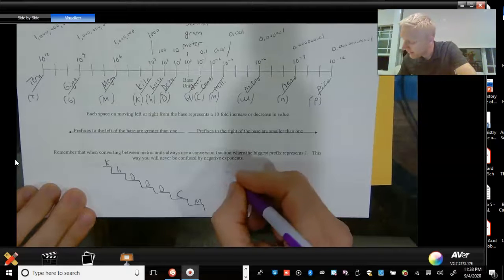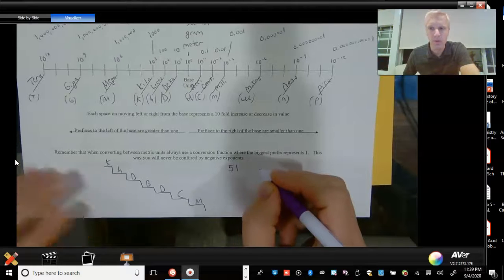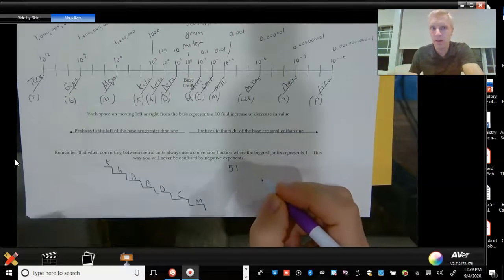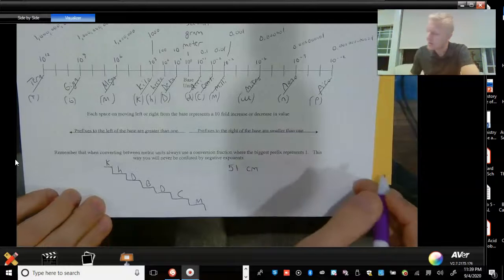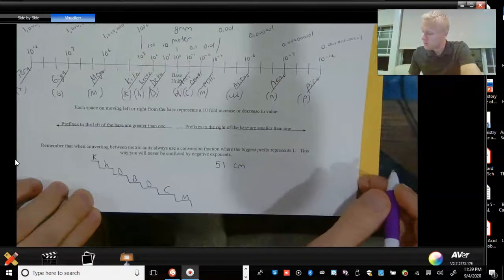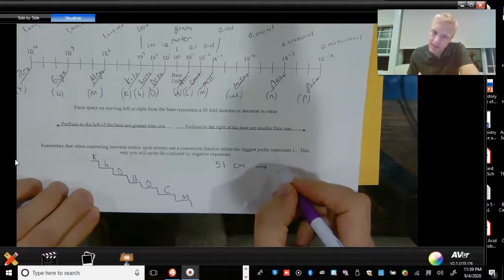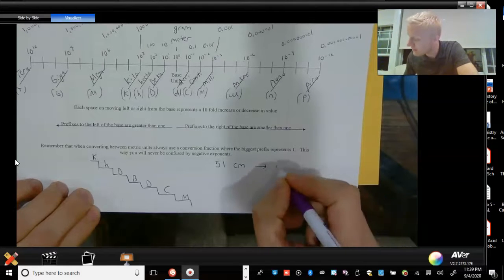And let's say we have 51. Which one do you guys want to do? 51 centimeters? Okay. 51 centimeters. And we want to convert it to, let's go simple, millimeters.